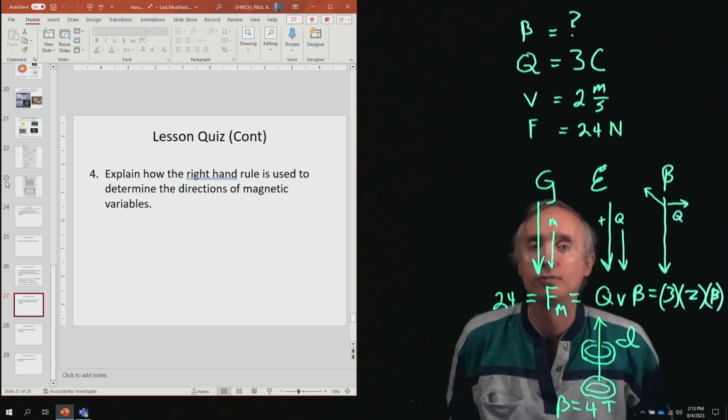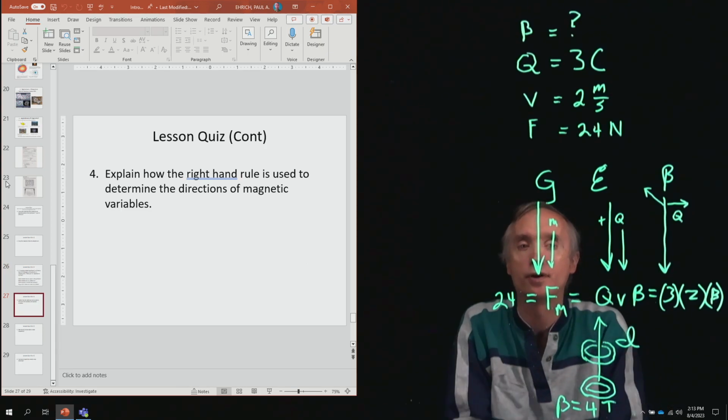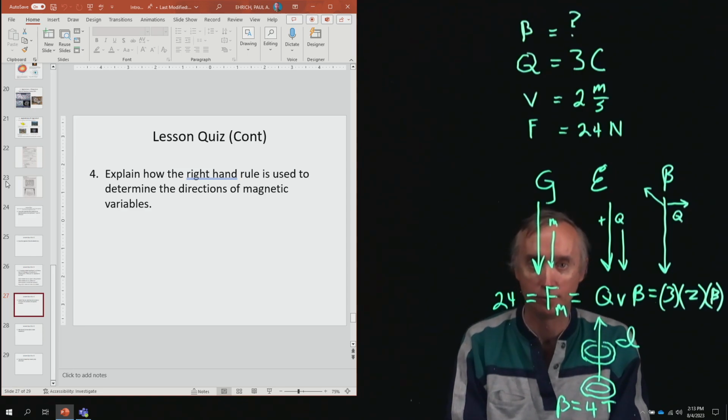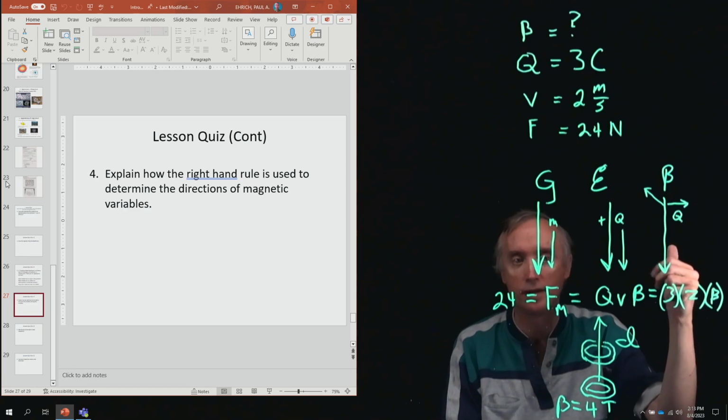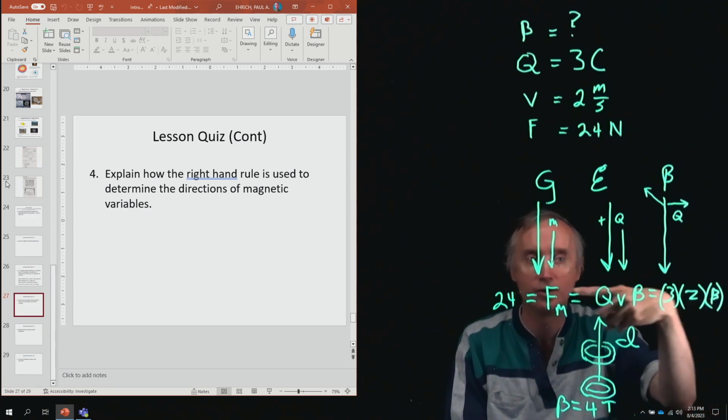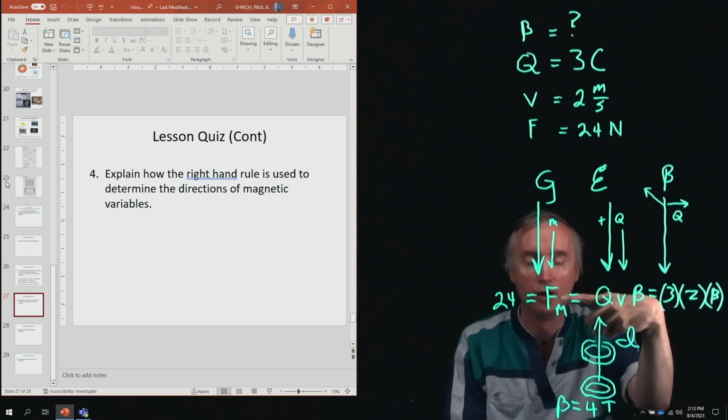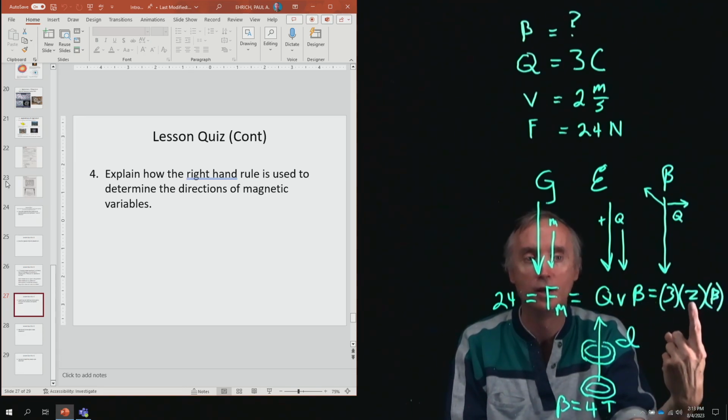Explain how the right-hand rule is used to determine the directions of magnetic variables. So, right-hand rule, okay, the first finger is going to be the direction a single particle is going in, or it could be the direction of the current if it's a wire.